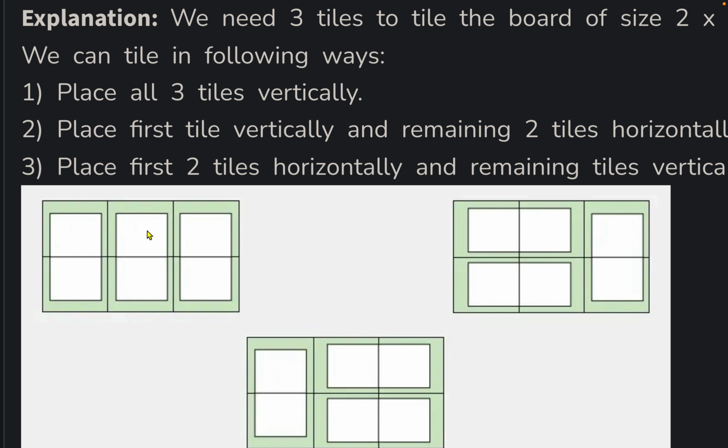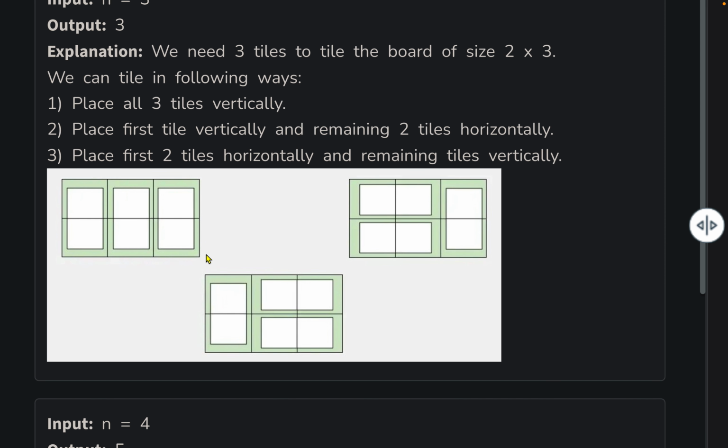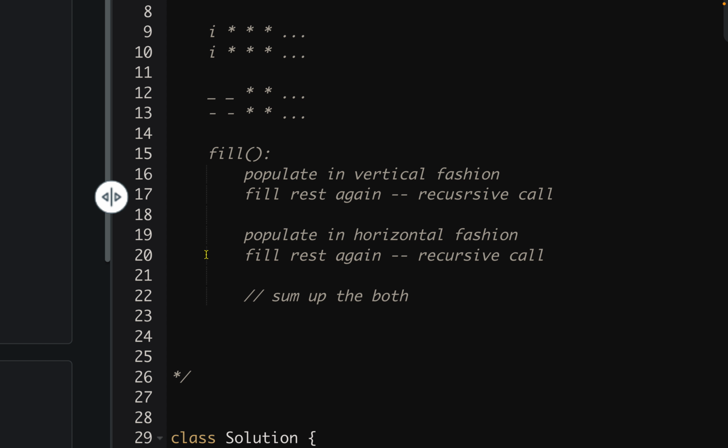What do I mean by possibility? That I can place 2 verticals or 2 horizontals in such a way, 2 horizontals in here, two verticals in here. So here we can deduce it once we understand how we are moving.